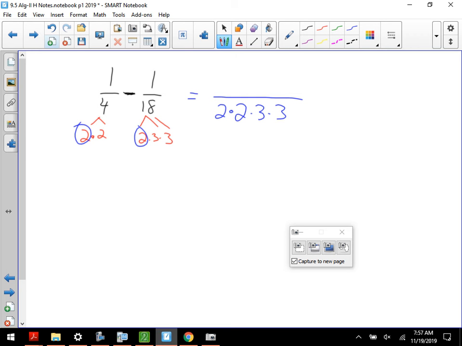So when I look at the 4, how much of that denominator does it have? It has 2 2's, right? What is it missing? The 2 3's. So the numerator here gets the 2 3's times the 1. The other one has a 2 and 2 of the 3's. What is it missing? A 2.